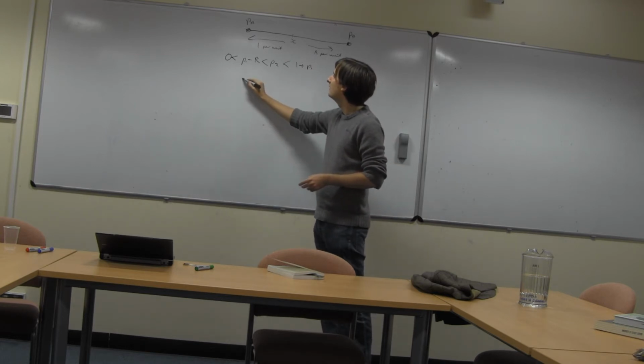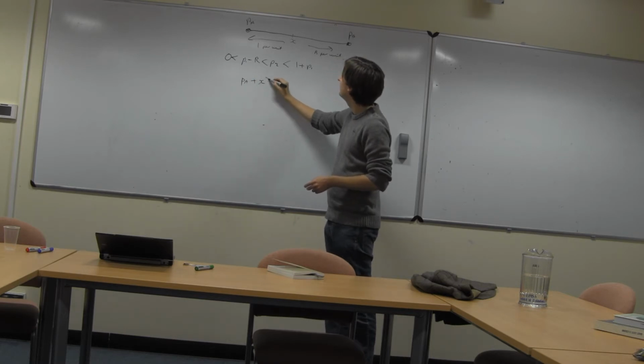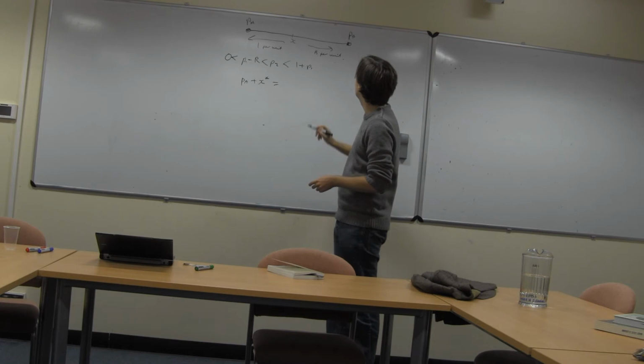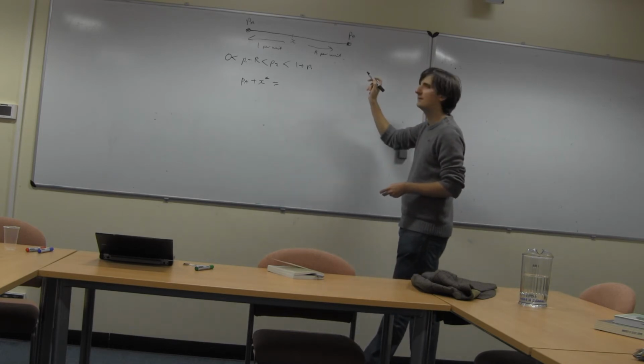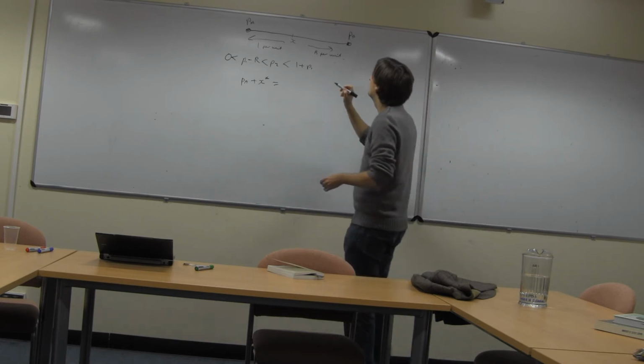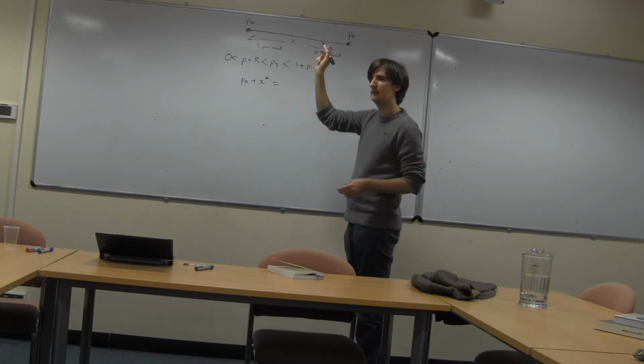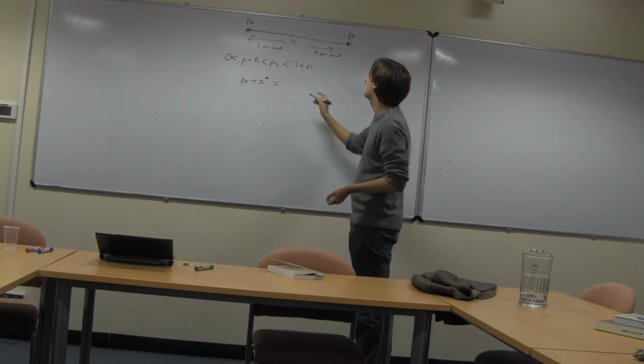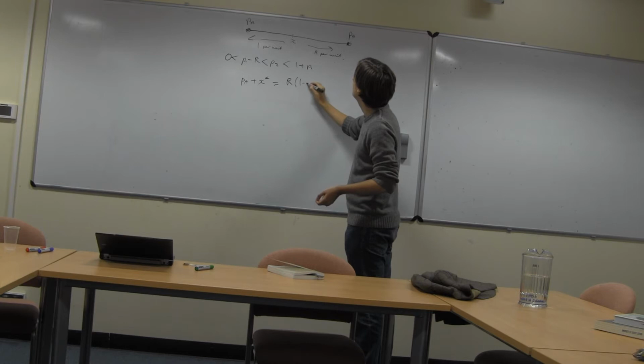PA plus X. And what's your cost for buying from firm B? R times 1 minus X, plus PB.